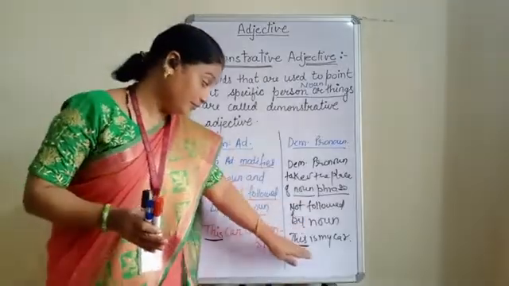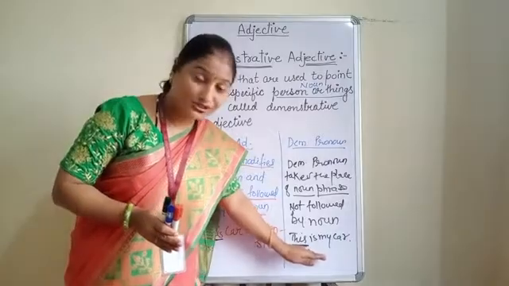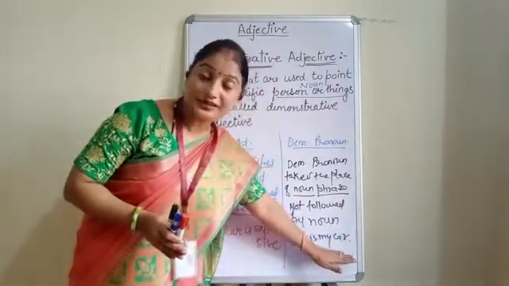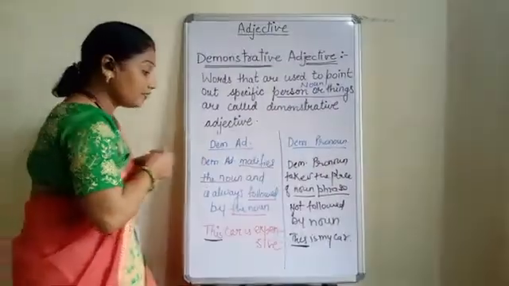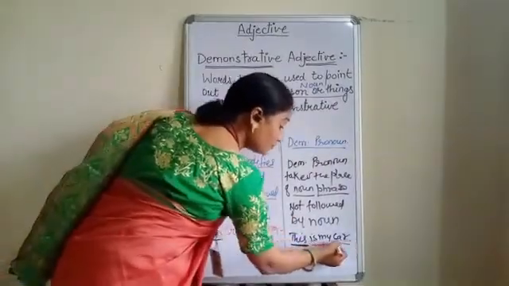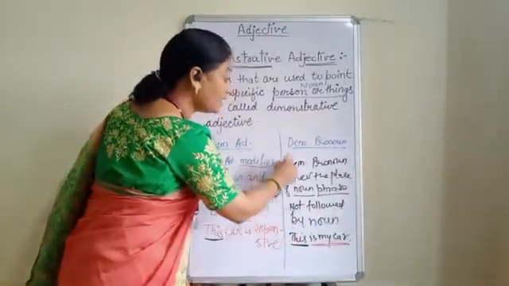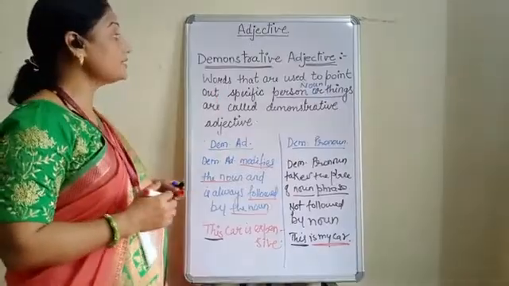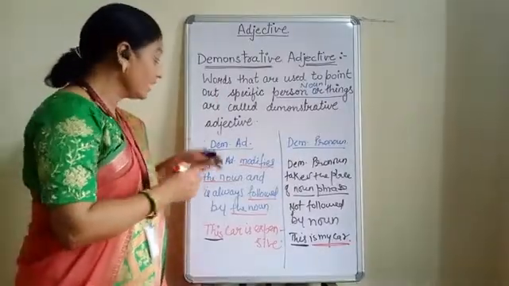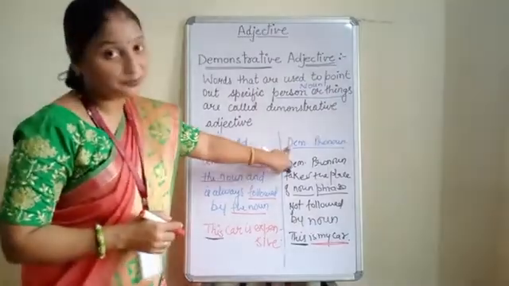And if along with this, that, these, those, you see a noun phrase is given, a noun phrase, which I have already taught you, is my car, then that will be your demonstrative pronoun. Clear? So this is the difference between demonstrative adjective and demonstrative pronoun.